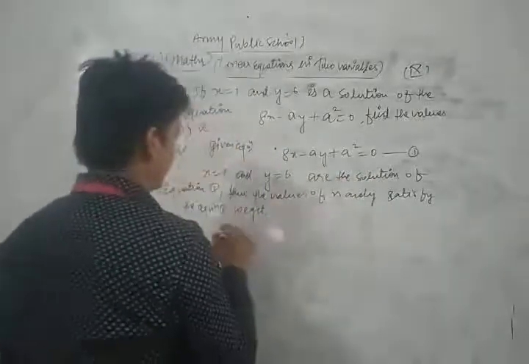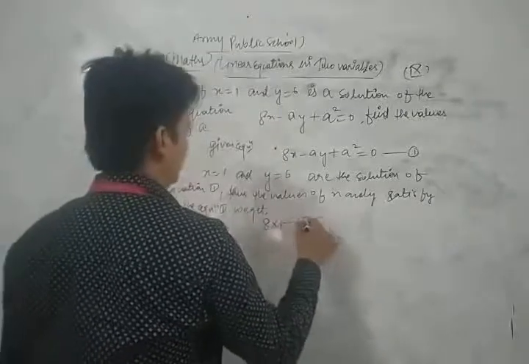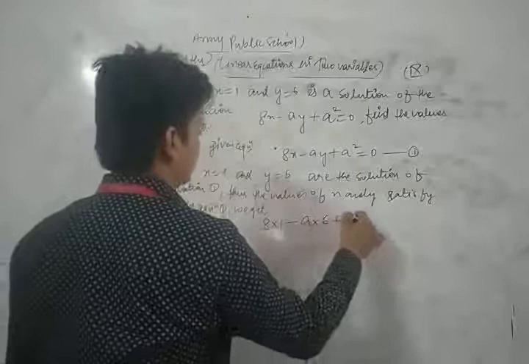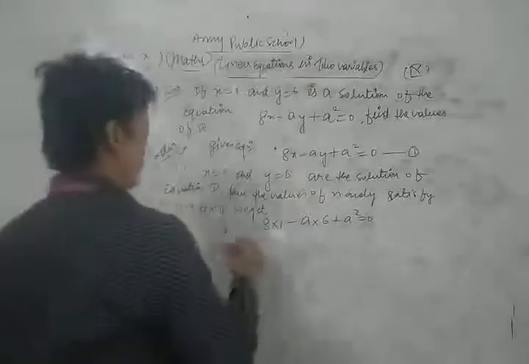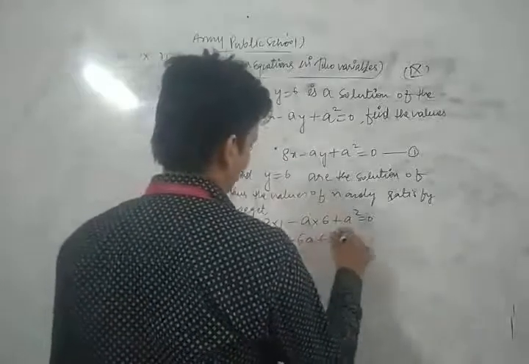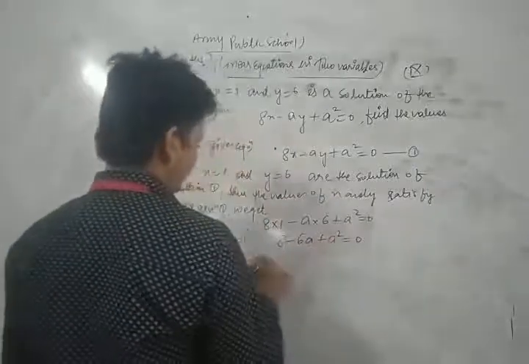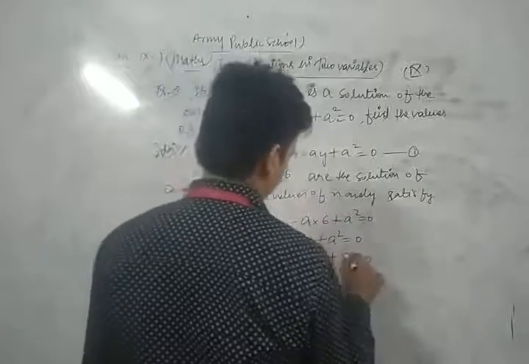So we put x is equal to 1, y is equal to 6: 8 minus 6a plus a square is equal to 0. Now we get a square minus 6a plus 8 is equal to 0.